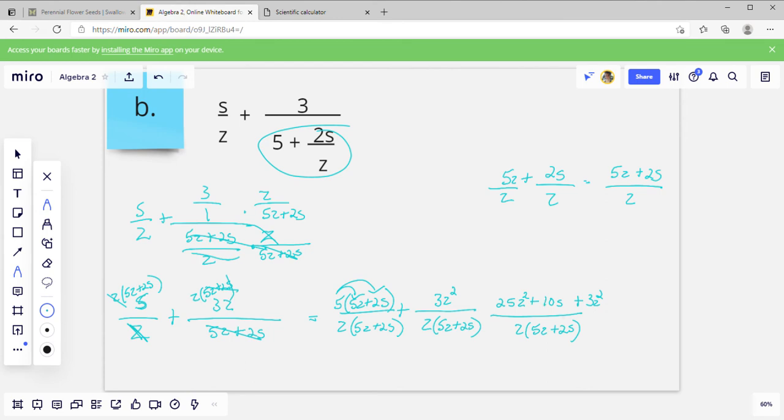Let me look at the answer key on that one. The Z's and the S's are getting all mixed up here. Alright, so this is 2. That should be an S right there. So let me fix that. Okay.